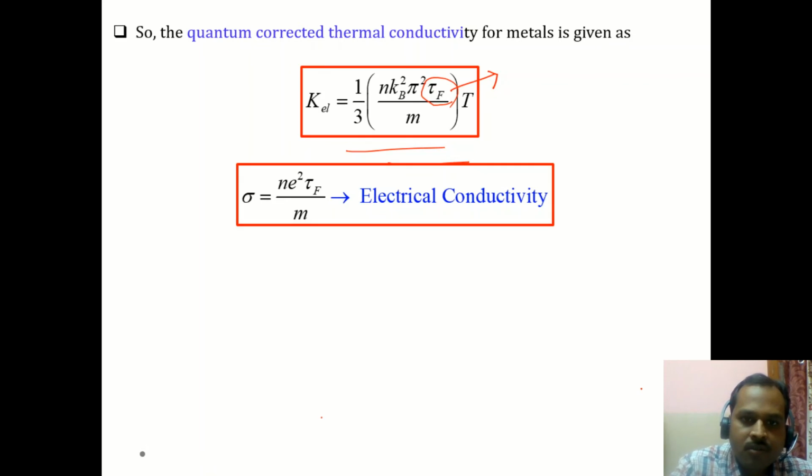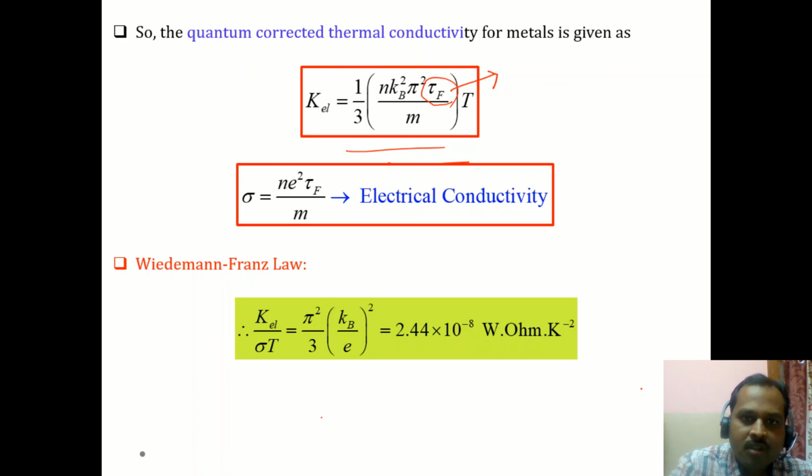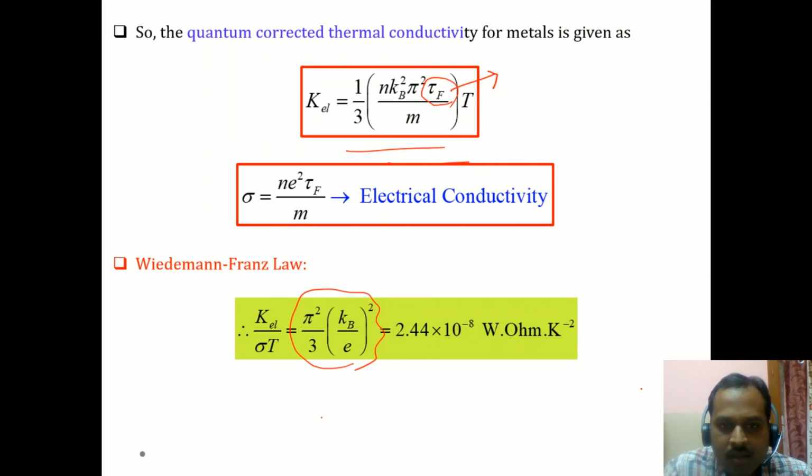If you substitute the values, then we can obtain the Wiedemann-Franz law as k by sigma T, which is equal to this constant, pi square by 3 times kB by e whole square, and it comes out to be 2.44 times 10 to the power minus 8 watt ohm per Kelvin square, which is in reasonably good agreement with the experiment, better than the classical value.